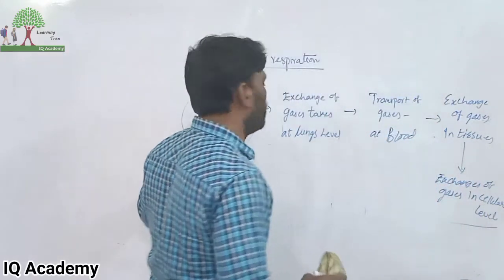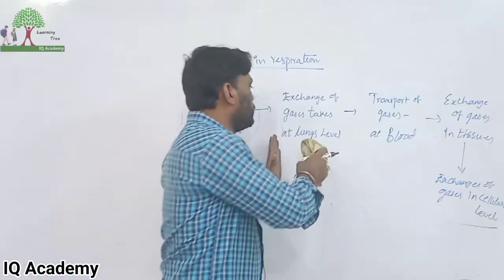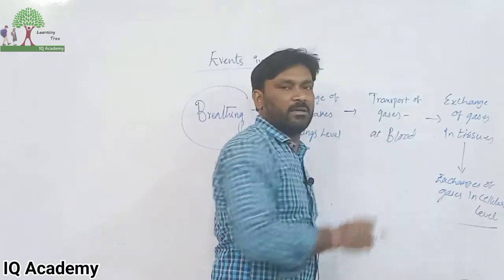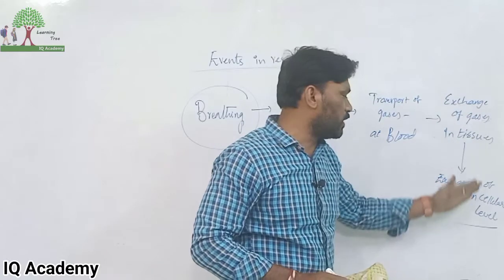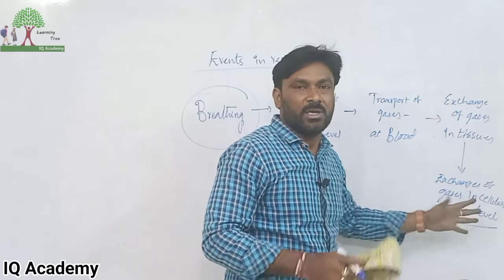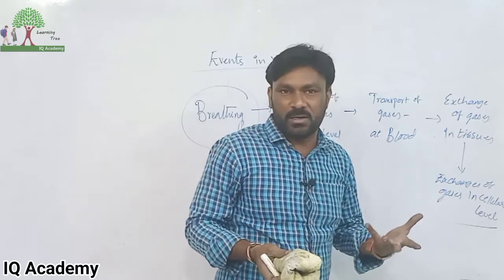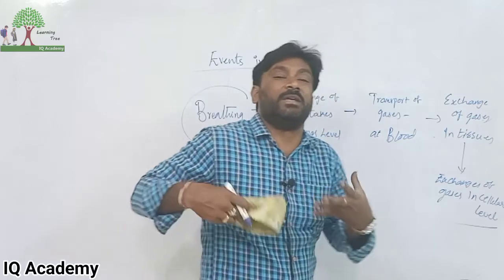Now, first when we take the air, directly it enters into lungs. From lungs it enters into blood. From blood it enters into tissues. From tissues it enters into the cellular level. It is called as cellular respiration. So the total body needs oxygen, and the carbon dioxide in the body has to be released.